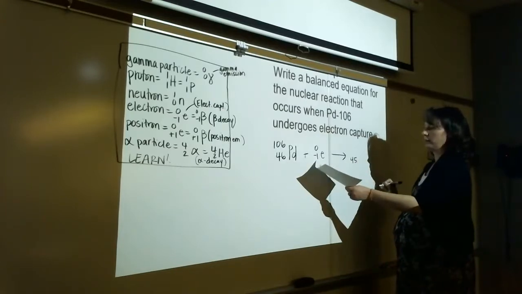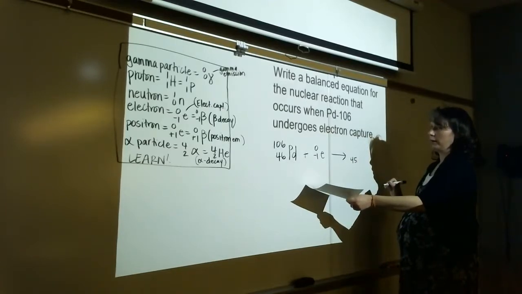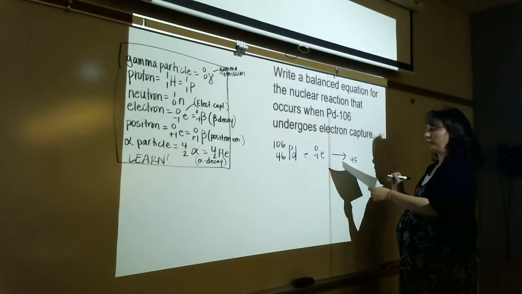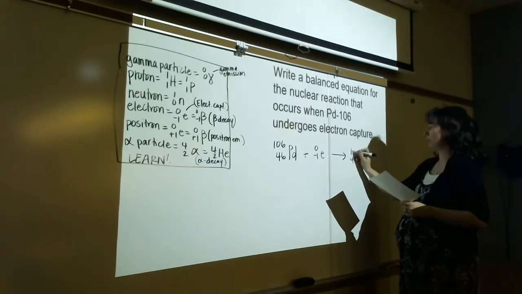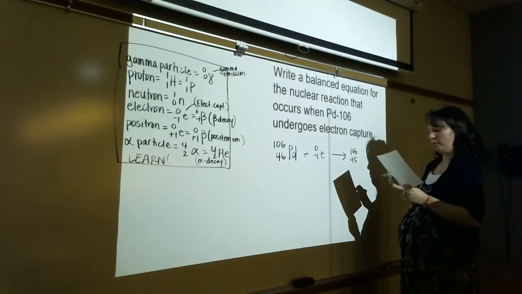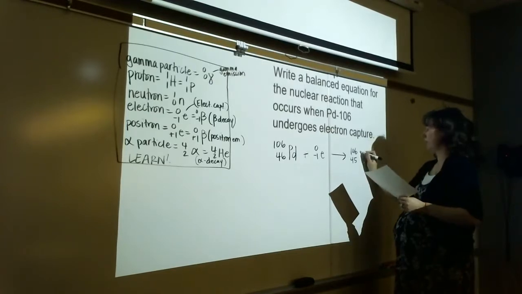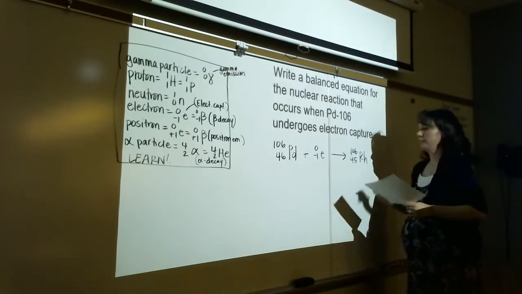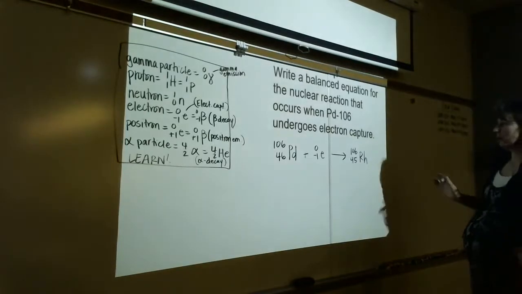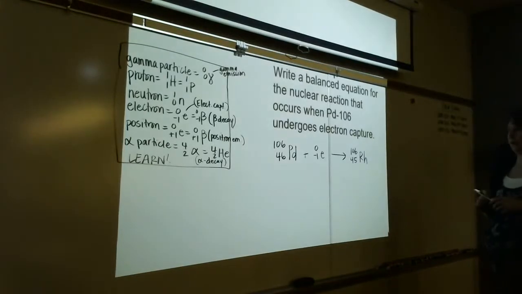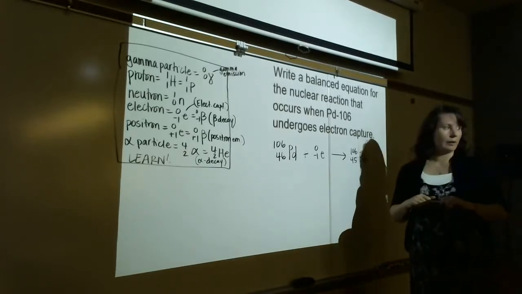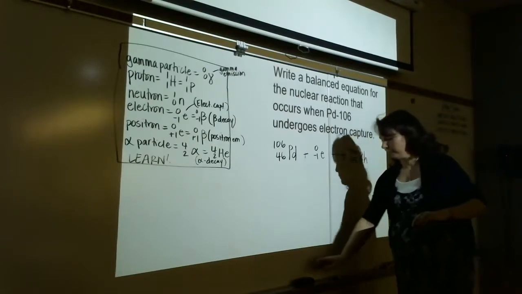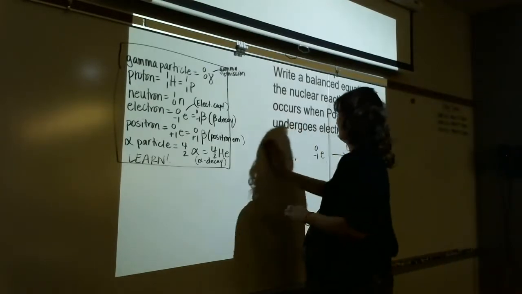Because 46 minus 1 will give me 45. 45 over here. And 106. So element number 45 is rhodium. So all we're doing is just applying the law of conservation of mass. Electron capture. All right, on this one.